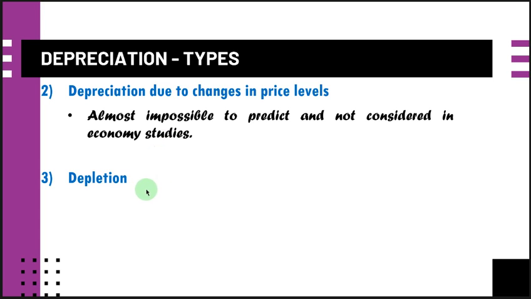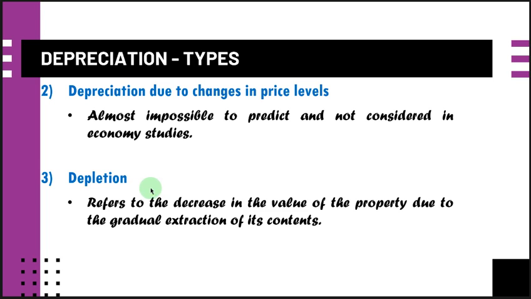And we have the third type, which is the depletion. Actually, this depletion refers now to the decrease in the value of the property due to the gradual extraction of its content. So from the word itself, depletion, we have this gradual extraction, the decrease in the value of the property due to the gradual extraction of its content.